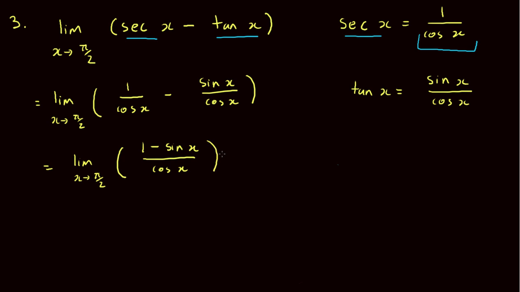Before we proceed with L'Hopital's rule, let's make sure we can. We simply substitute 1 minus sine of pi over 2 and see if we get the indeterminate form we're looking for.